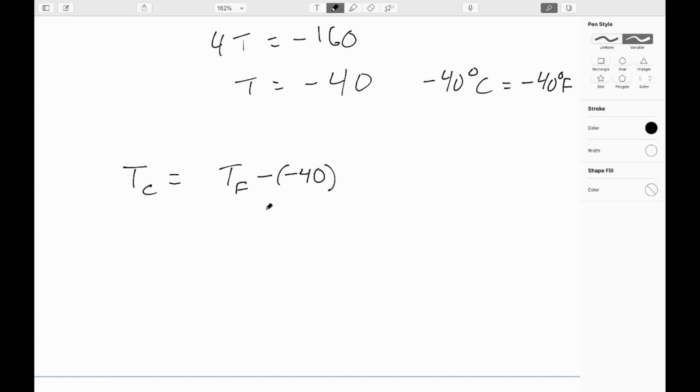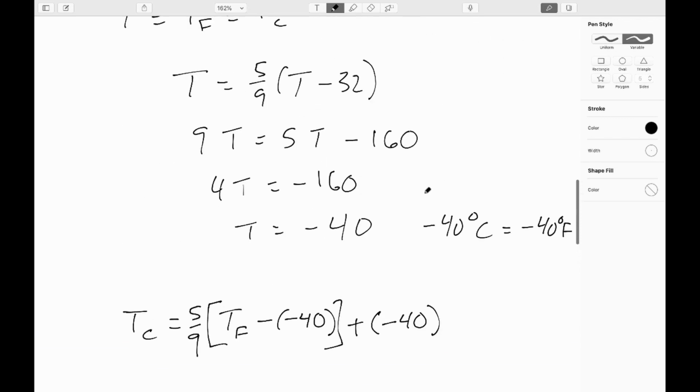That will give me the difference in Fahrenheit degrees between the temperature reading you care about and negative 40. The next thing you can do is convert for the size of the degree, 5/9, and then you'll add to that the same reference point, which also just happens to be negative 40 degrees C.